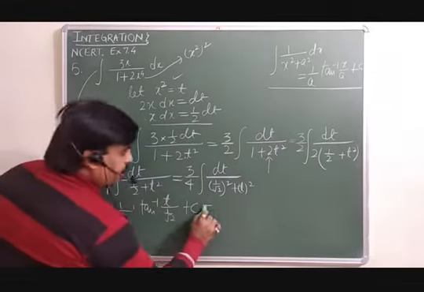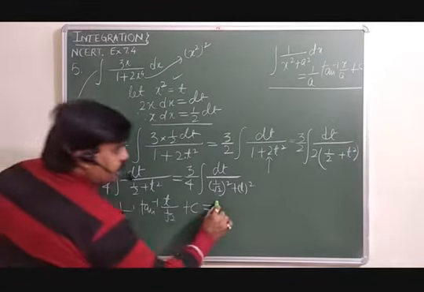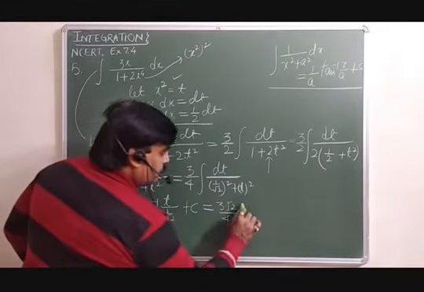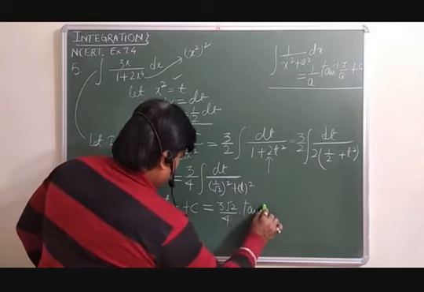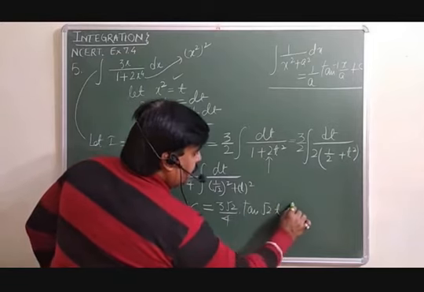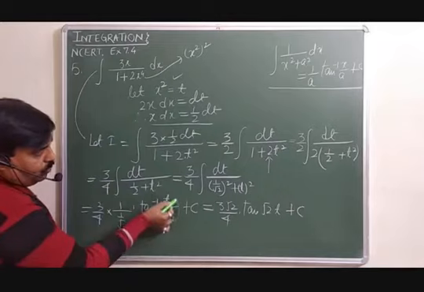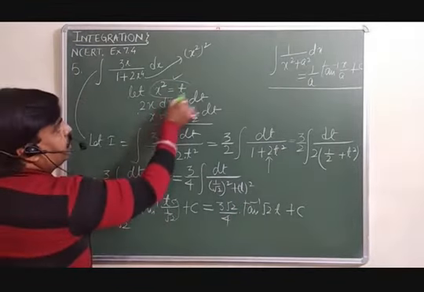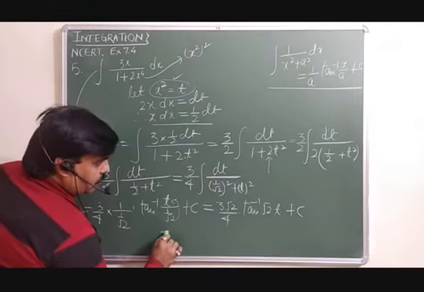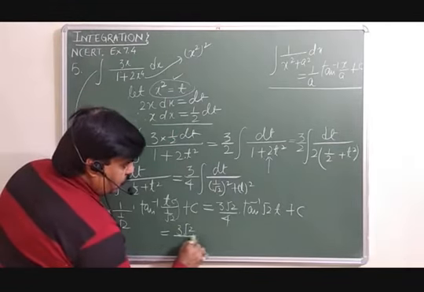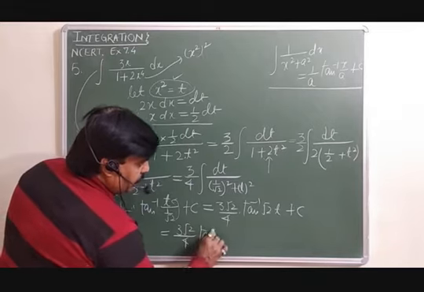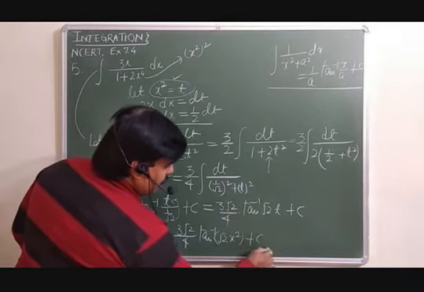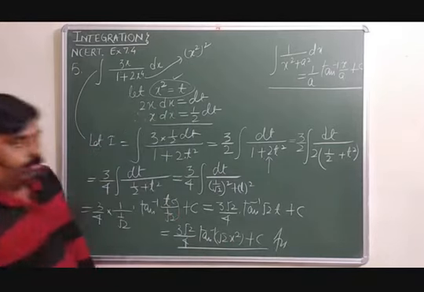And this can be written as, root 2 will go in the numerator, so this is 3 root 2 over 4 into tan inverse root 2t plus c. And t is already assumed to be x square. So this is equal to 3 root 2 over 4 tan inverse root 2 x square plus c. And this is your answer. Have a look.